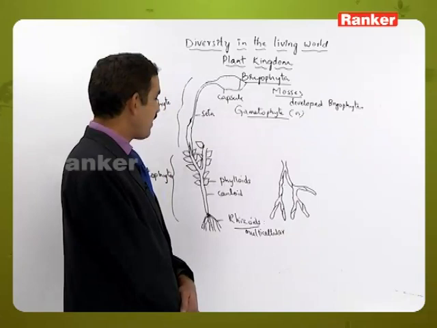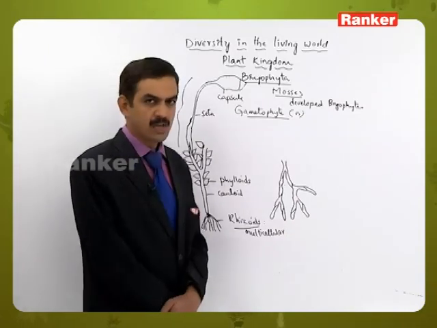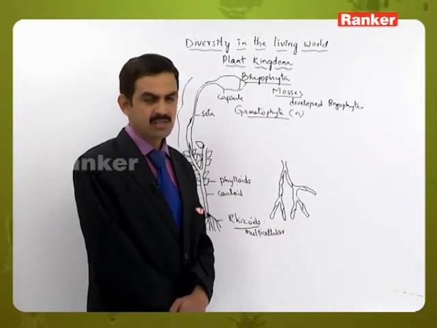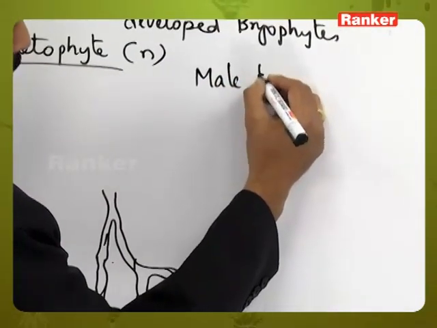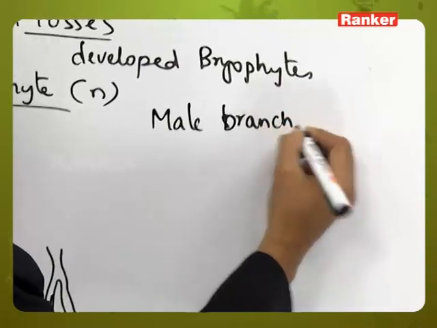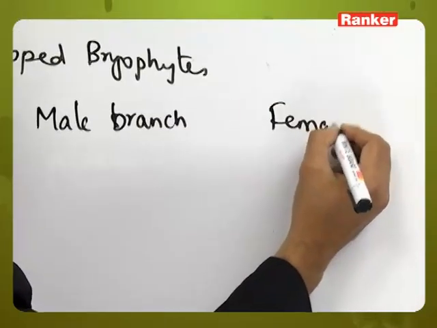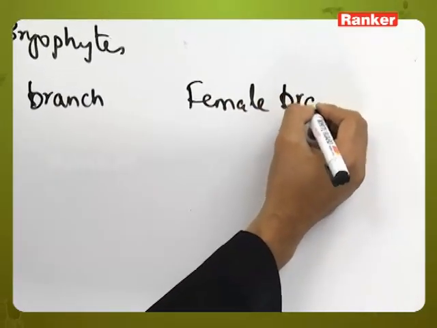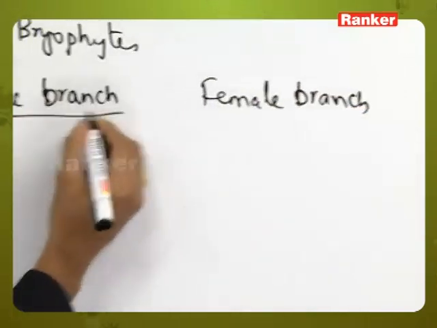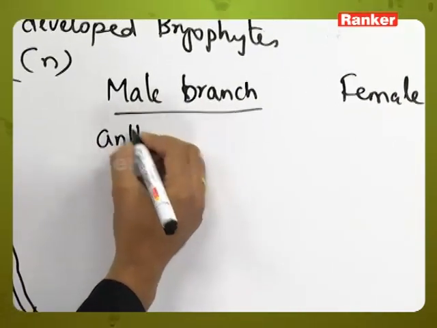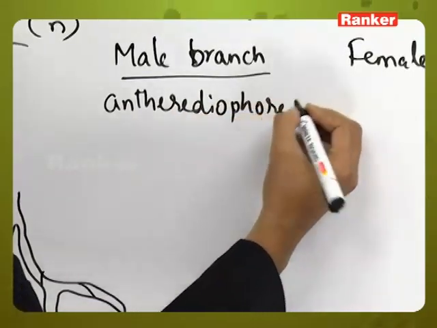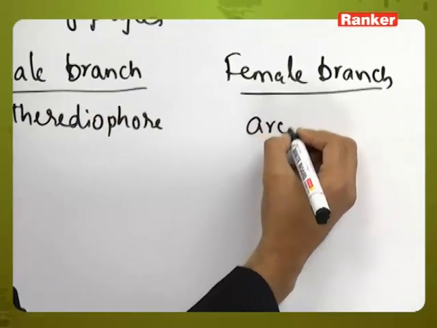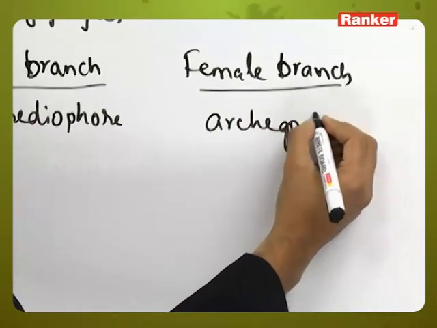Then this gametophyte, when it participates in reproduction, produces two branches. Those are called male shoot or male branch, and female shoot or female branch. The male branch is called antheridiophore, whereas the female one is called archegoniophore.